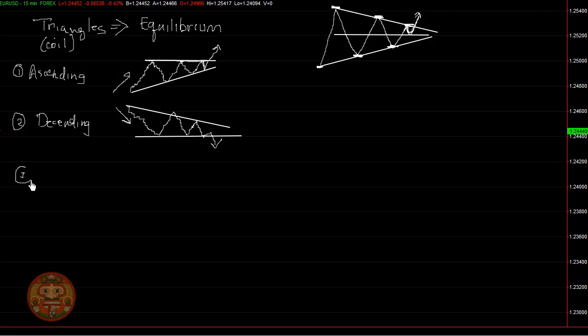The third triangle is what's known as an inverted triangle. Typically how this develops is that price action creates a big, massive pattern that widens, or the volatility expands.